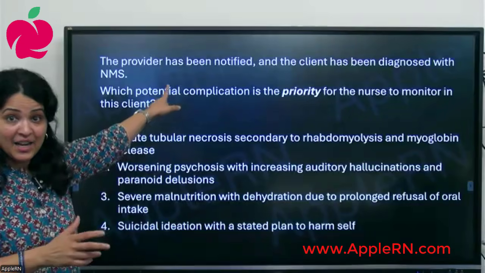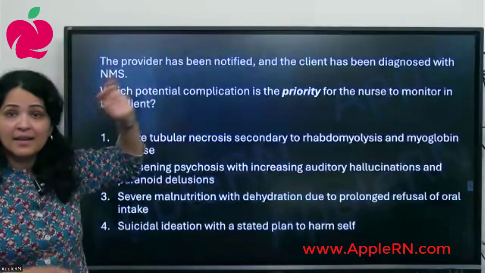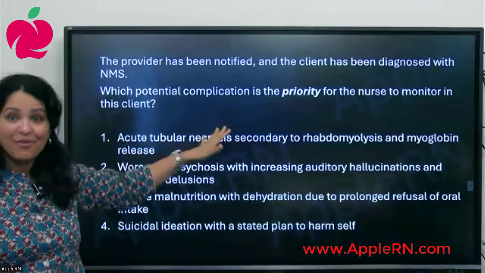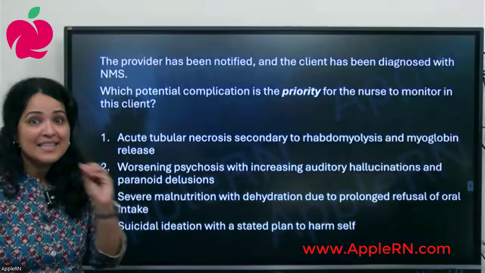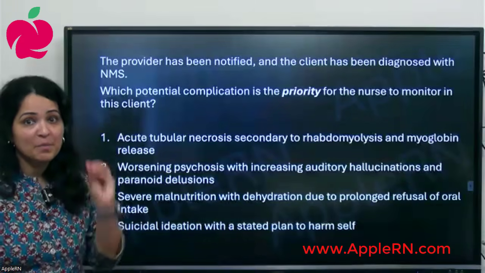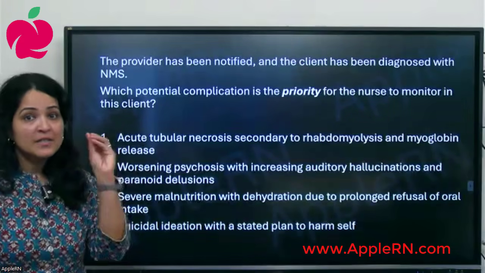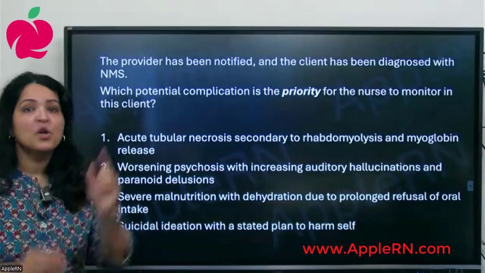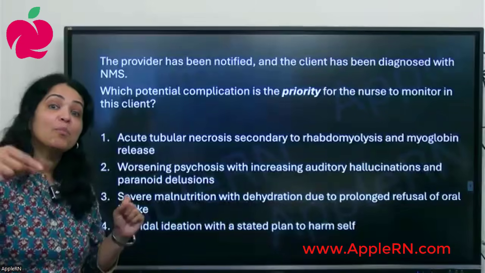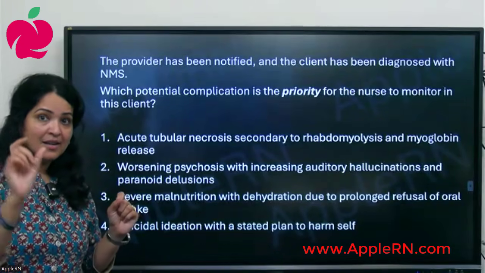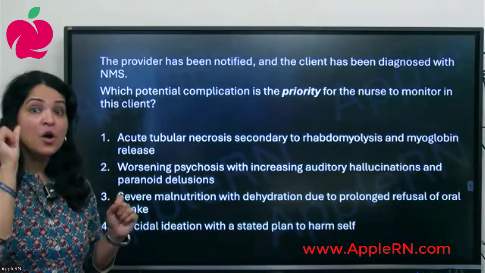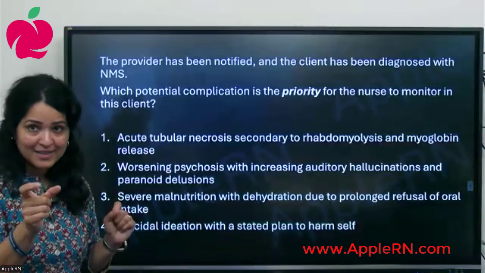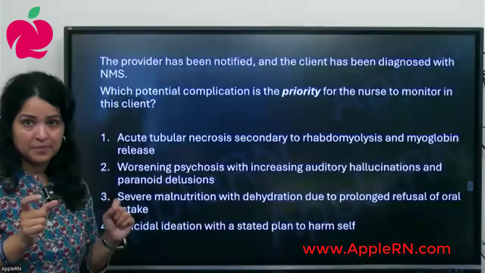What is the question asking? That's why it says here again, the provider is notified, they did what they need to do, the doctor has been informed, and the diagnosis is made. It's neuroleptic malignant syndrome. Stay with that. With that, read the words: which potential complication is the priority to monitor?